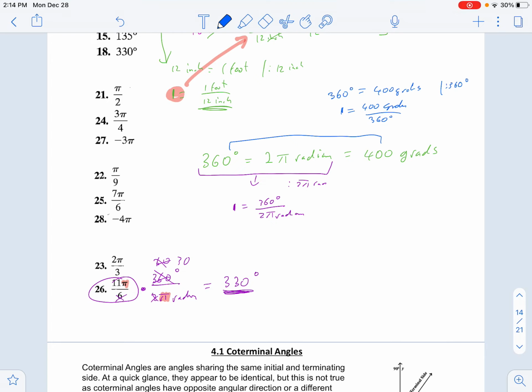Which, yeah, sure, you can simplify it into 40 divided by 36 or 10 divided by 9. That is up to you. But here we go, times 400 grads divided by 360 degrees. So notice degrees cancel out.